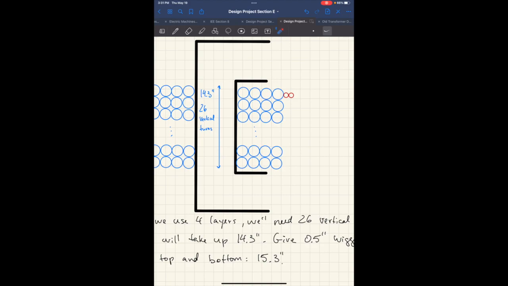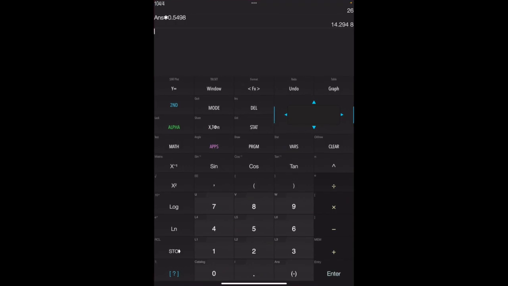Divide the 14.3 by that. Yes, very good. You take the 14.3 and divide by that diameter, 0.1936. So we're going to require roughly 74 vertical turns for the same height.